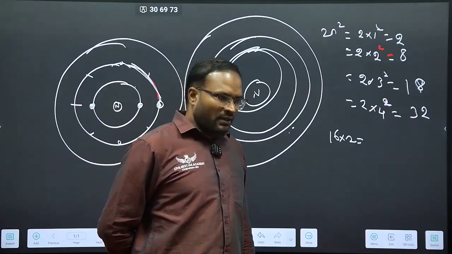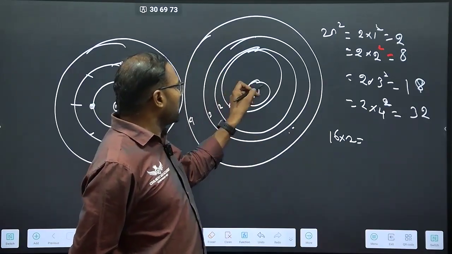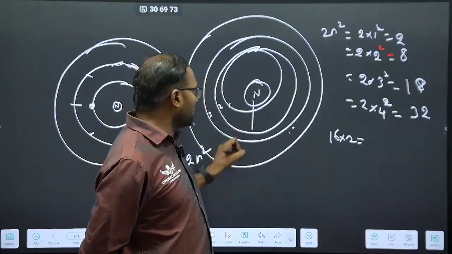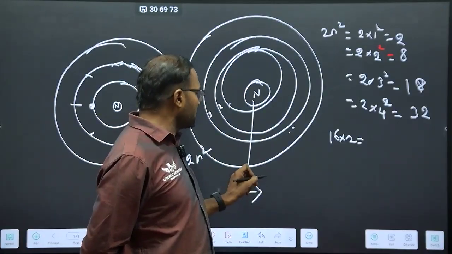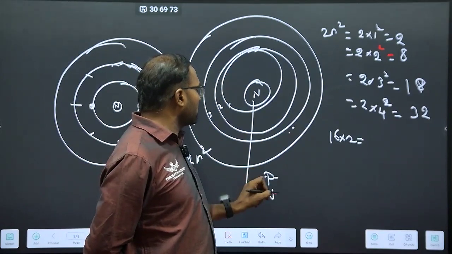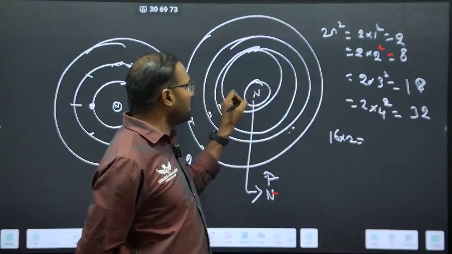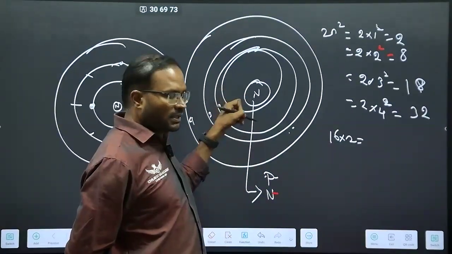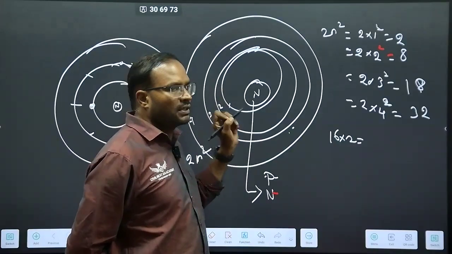Okay, remember the nucleus hosts many particles. Among the major particles, only proton and neutron. So protons are held up in the nucleus, and neutrons are also present in the nucleus.